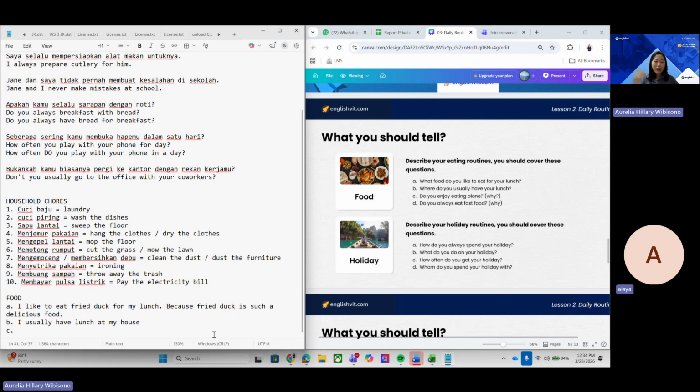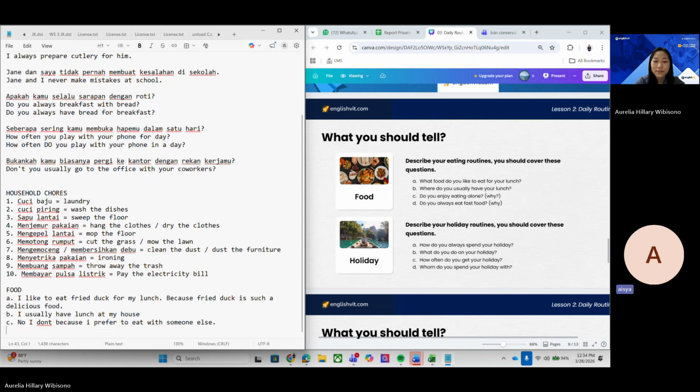So, what is your answer for C? Do you enjoy eating alone, and why? No, I don't, because I prefer eating with anyone, with someone else. Okay, that's great. Do you know the difference between someone and anyone? Anyone means siapa saja, someone means seseorang.